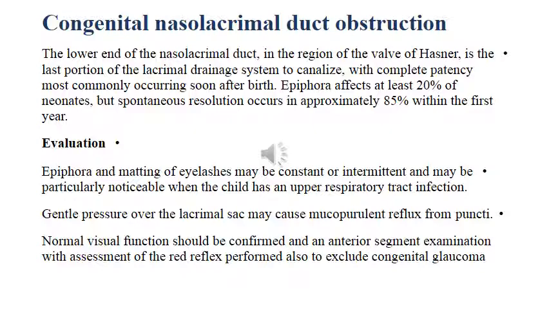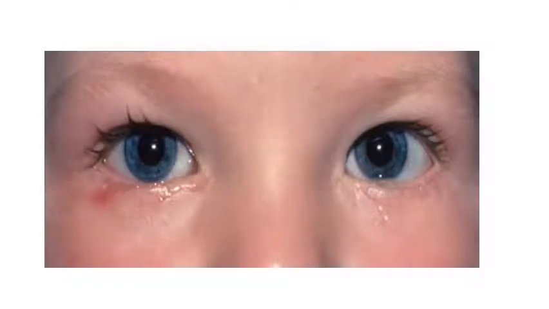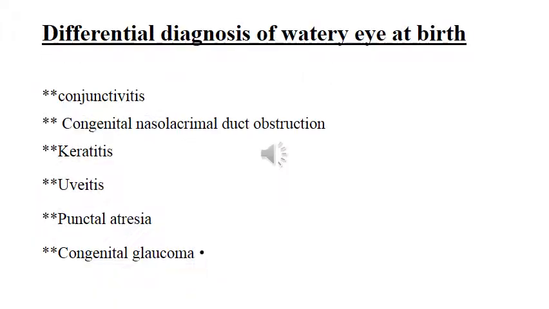So normal visual function should be confirmed by anterior segment examination, intraocular pressure assessment, and red reflex examination, in any case of suspected congenital nasolacrimal duct obstruction. What is the differential diagnosis of watery eye at birth?